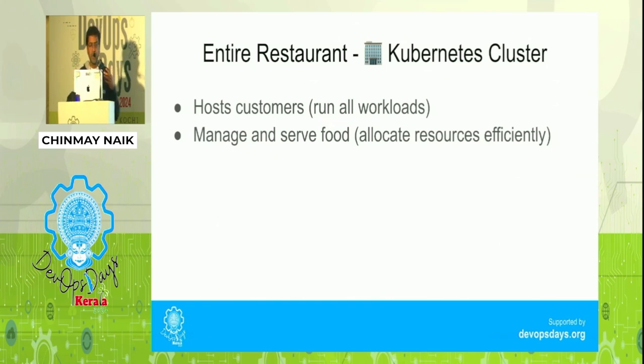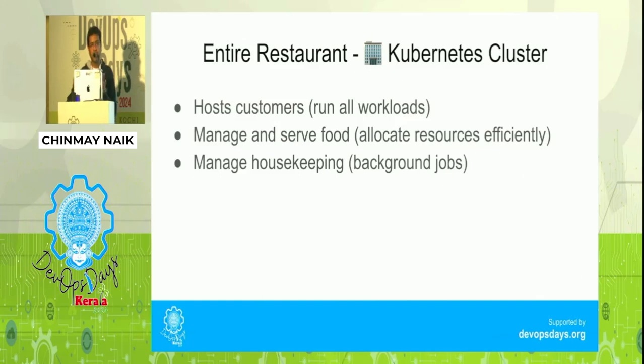For example, you have typical nodes which are supposed to do a particular type of workload, things like that. Then there is a side of a restaurant that we don't often get to see, which is the background jobs. A lot of housekeeping work goes on inside restaurants, inside kitchens and whatnot. You can think of these as background jobs in Kubernetes.